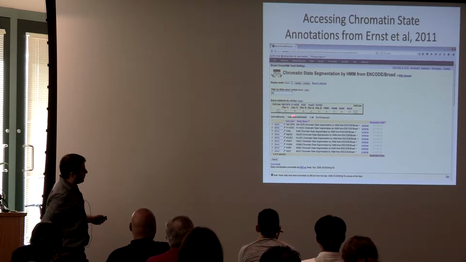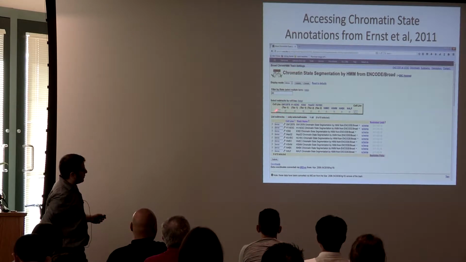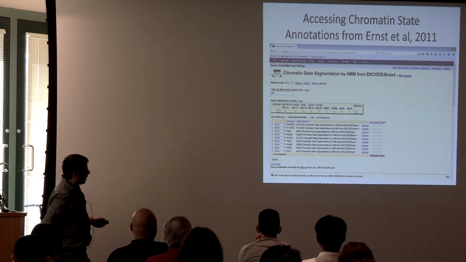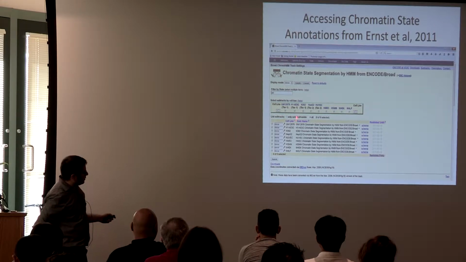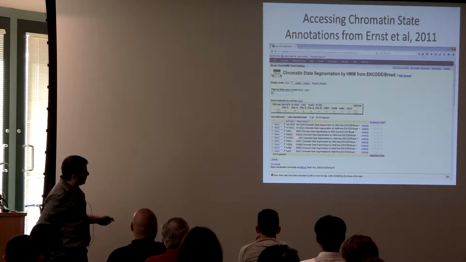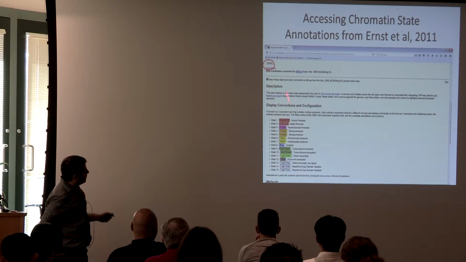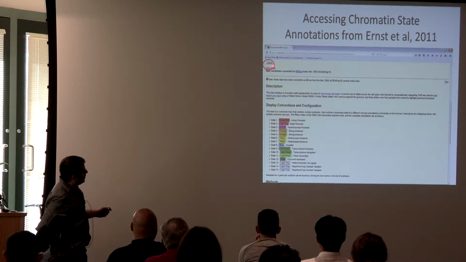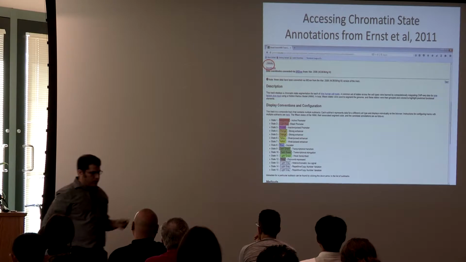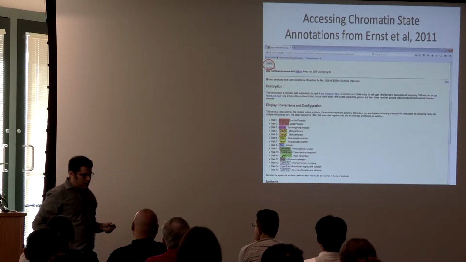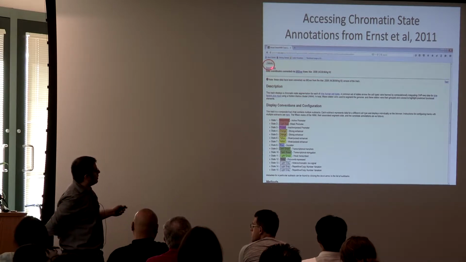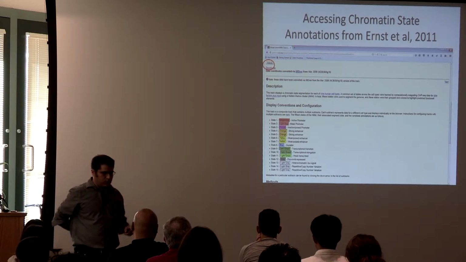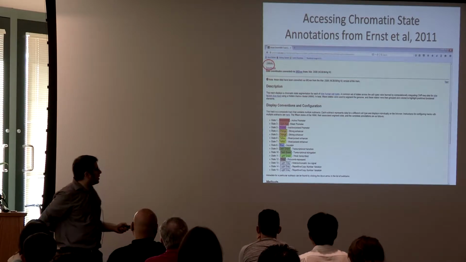And then you can select the specific cell types you're interested in. If you wanted all the cell types, you would click the plus sign to get them all. And then this would show you the list of tracks you're selecting, those that are in dark. One thing to note here is that there's a downloads button. So if you didn't want to just display in the browser, but you wanted to download the annotations in a standard bed format, you would click on the downloads link, and it would give you a menu where you can select which files to download.